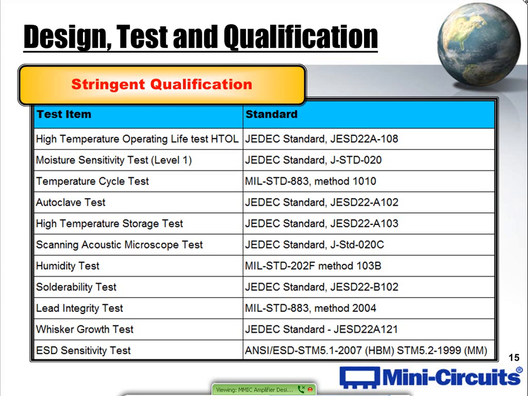We put our parts through high temperature operating life, which is specified in JEDEC as 1,000 hours, 80 units at 1,000 hours, greater than 125 degrees C junction temperature, and less than TJ max. At Mini Circuits, we pushed that to 5,000 hours because we're a little bit conservative, but we really want to assure our customers of the highest quality and the highest reliability.